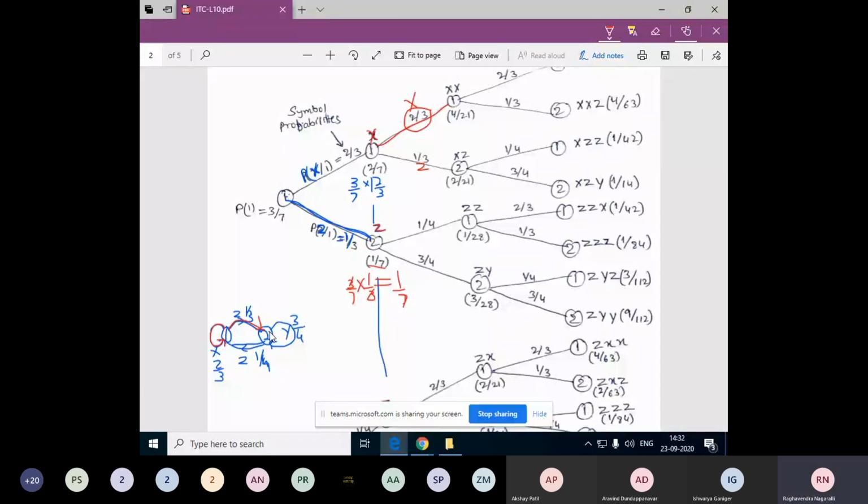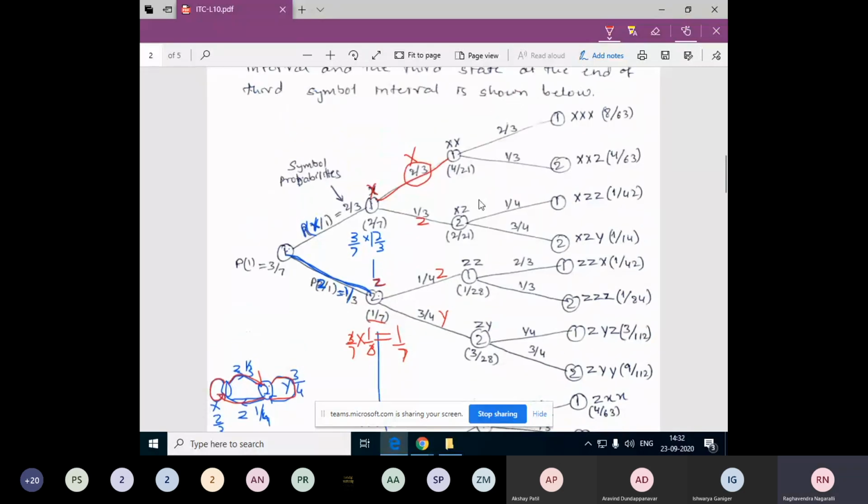While writing this tree diagram, you need to consider the outgoing transitions from that state. From 2, we have two outgoing transitions: from 2 to 2 itself, and from 2 to 1. From 2 to 1, Z is the symbol emitted. And from 2 to 2, we have the Y symbol emitted.